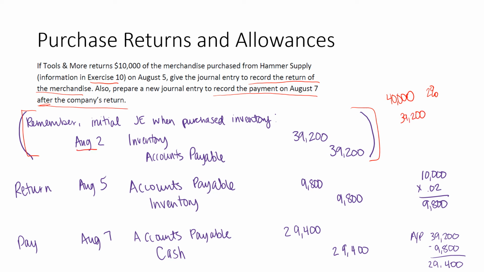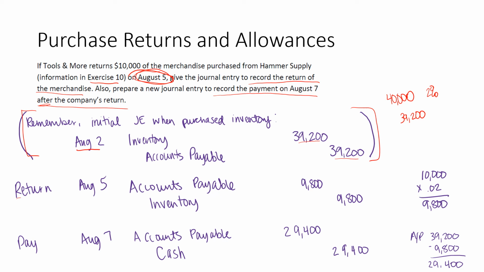They received the invoice on August 2nd. Based on the invoice and that discount amount, they debited inventory and credited accounts payable for that amount. So now what we're throwing into the mix is that on August 5th, they are returning some of the merchandise before they pay for it.